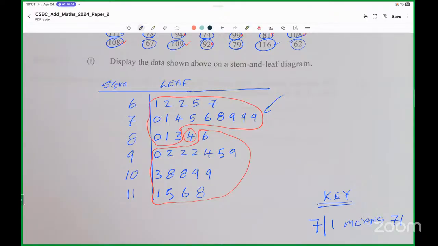Remember, if you take out the median, you have 16 left, and half of 16 is 8 and 8. So you have 8 values on the bottom half, then the median, and 8 values on the top half. So the 9th value. So you're counting, looking for the 9th value now, which is Q1.